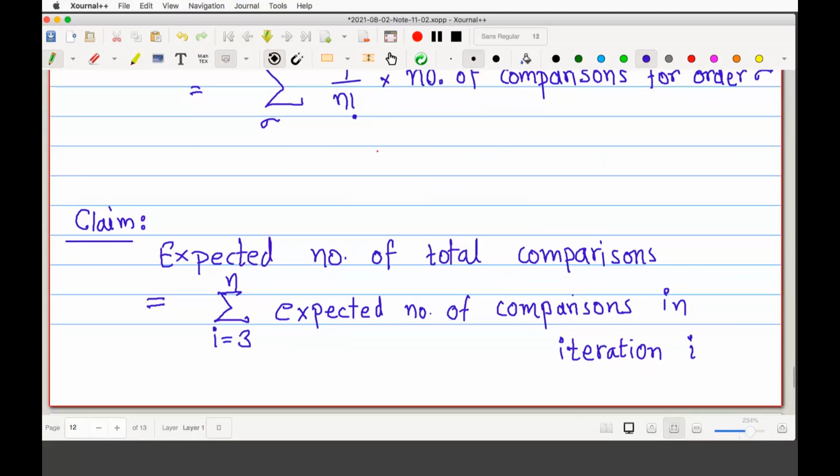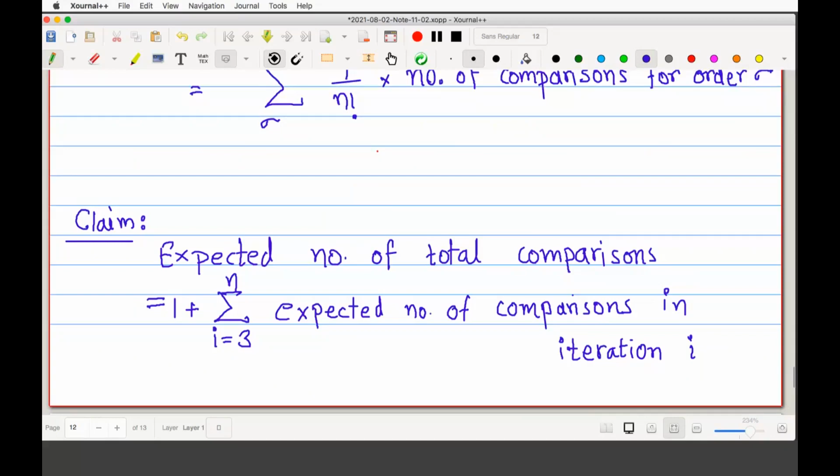Let's add all these numbers for each iteration, and I'm saying that that should give you the correct answer. And maybe you need to do a 1 plus 1 because of the initialization, but that's not really important. Okay, does it make sense?